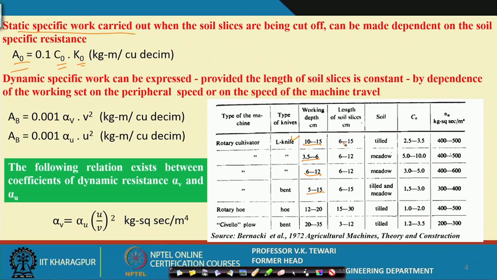So, if you have those values known to you, then in a particular soil, because the soil will vary from one location to another, there are various details which are required for the soil.